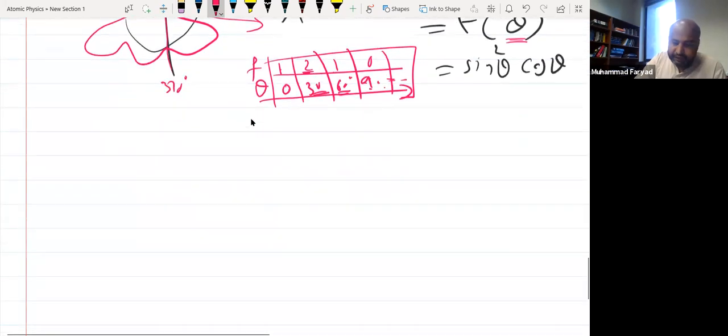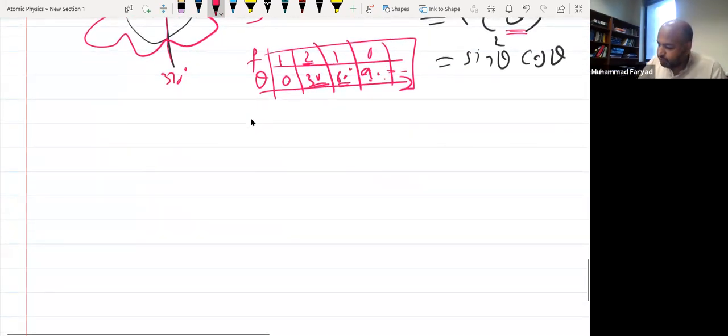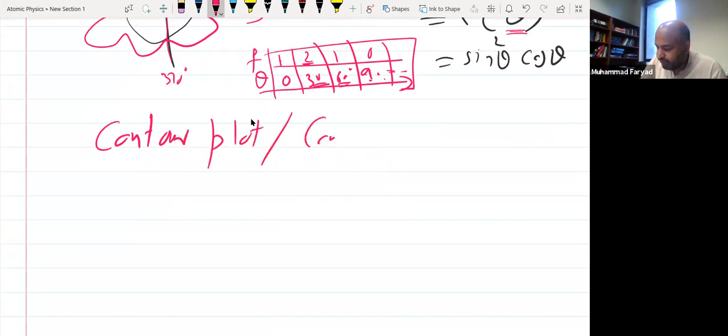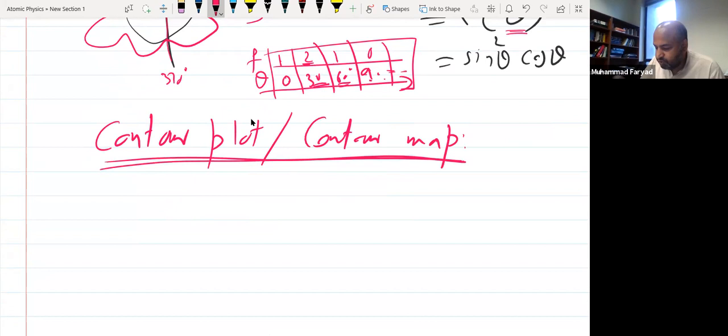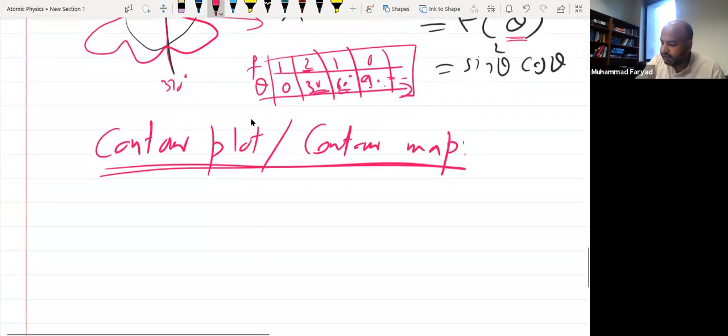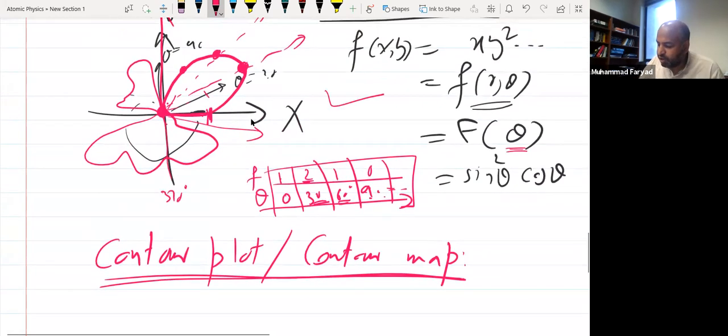Okay, then there's another type of map which is frequently used. It's called a contour plot or contour map, to represent these 2D functions. And this is better than polar coordinates in one sense.